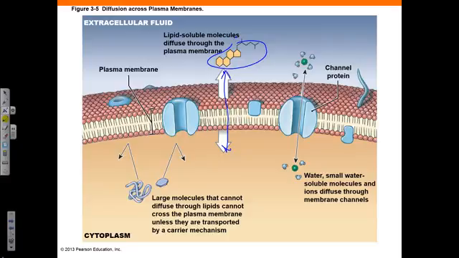Large molecules, such as the one seen here, will not be able to pass through the cell membrane and will have to rely on the aid of carrier mechanisms to get them across the membrane. Finally, small water-soluble molecules take the route of diffusion in and out of channel proteins that are found in the cell membrane.